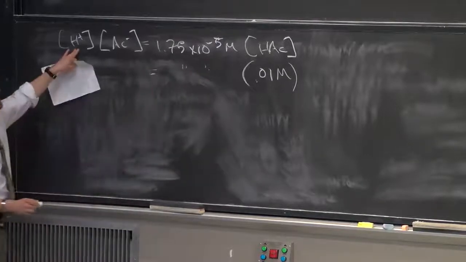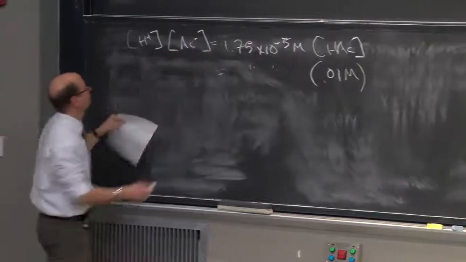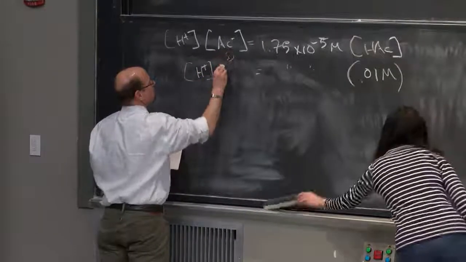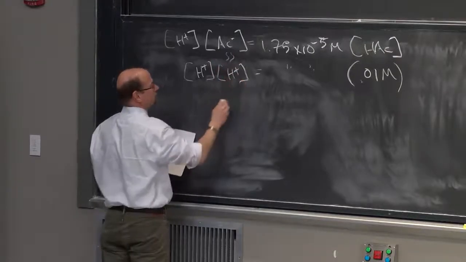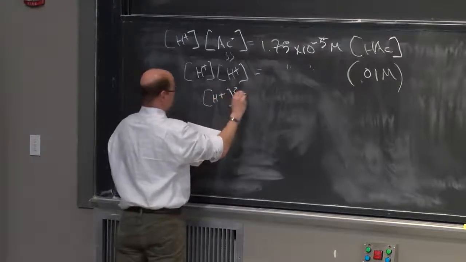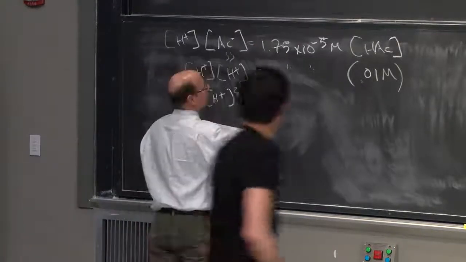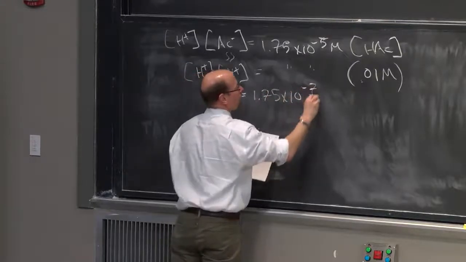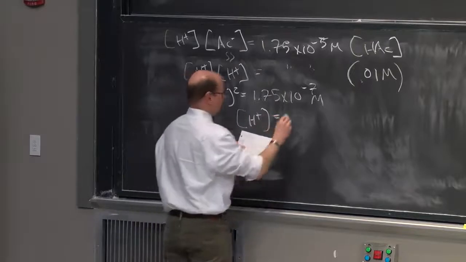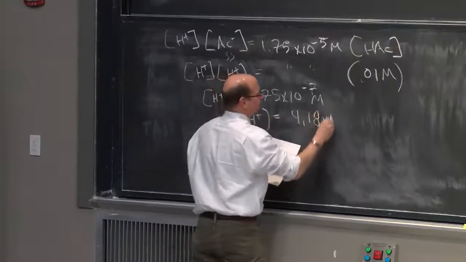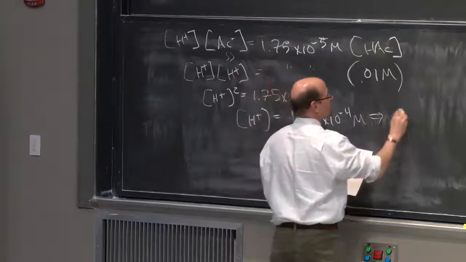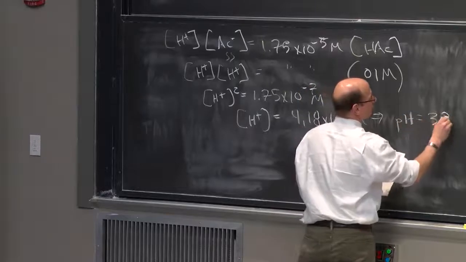And because the proton concentration is roughly equal to the acetate concentration, I can replace this with the proton concentration. And so now I end up with a proton concentration squared that's equal to 1.75 times 10 to the minus 7 molar squared. And the concentration of protons, if I take the square root, is going to equal 4.18 times 10 to the minus 4 molar. And if you take the minus log 10, the pH here will now be 3.38.